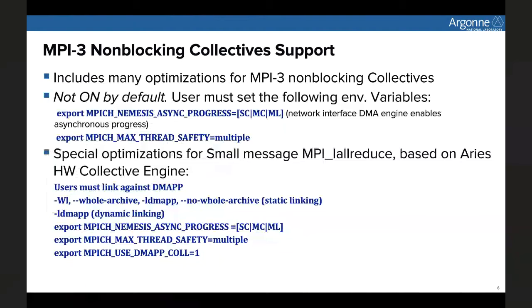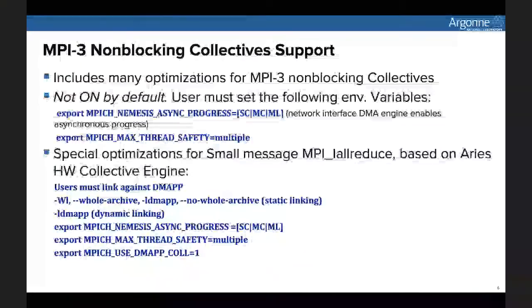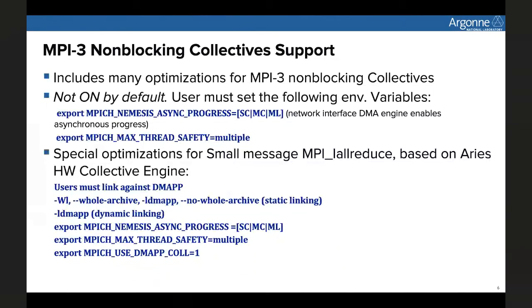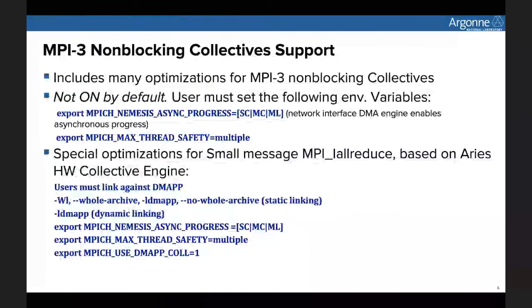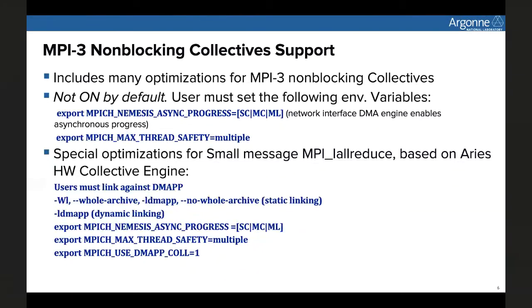That is, the processing is done at the hardware level, so that the software overhead could be mitigated. To use the hardware collective engine, users must link against DMAPP. So remember, we were talking about uGNI and DMAPP. By default, MPI uses uGNI, but if you want to use the hardware collective engine, DMAPP needs to be used. And the linking options that one needs to use are given in the slide.